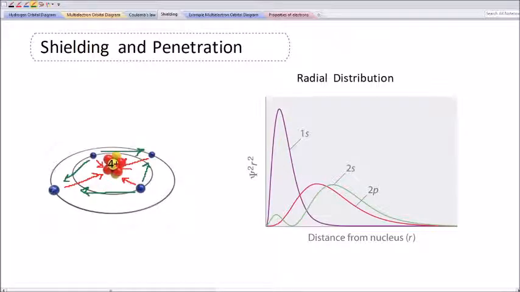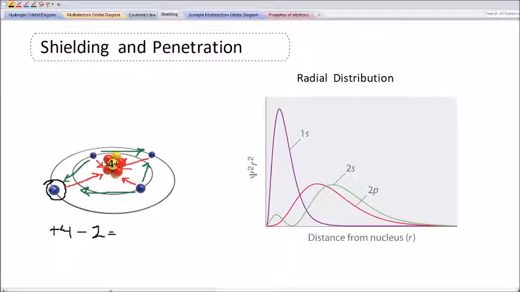So as a result, if you look at here, and we're looking specifically at the electron here, you have a +4 charge from the nucleus, and it's shielded by 2 electrons.